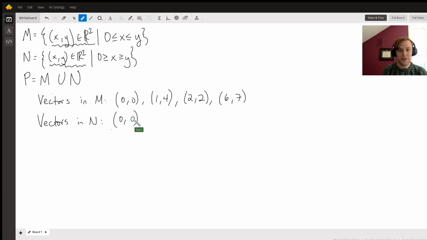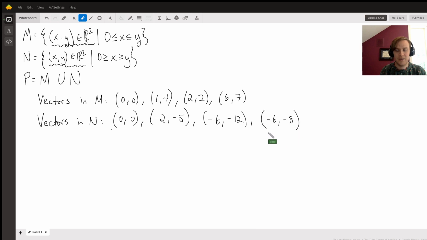So (0, 0) is also in N, interestingly enough. But also the vector (-2, -5) is in N. The other one that's in N is (-6, -12). That's an example of one that's in N. Another example is (-6, -8), right?